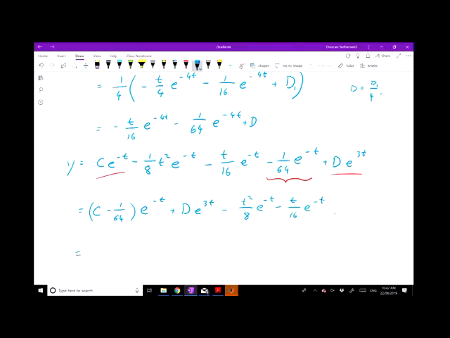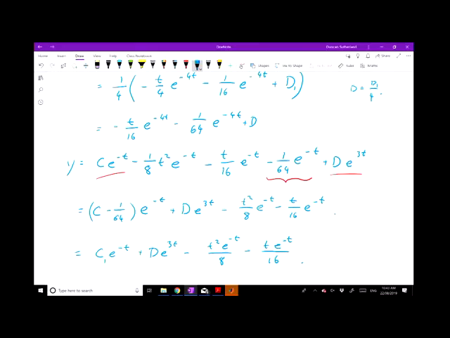Okay. So there, I've noticed that I've got a factor of e to the t that I can simplify. I've somehow generated a minus 1 over 64 e to the t.